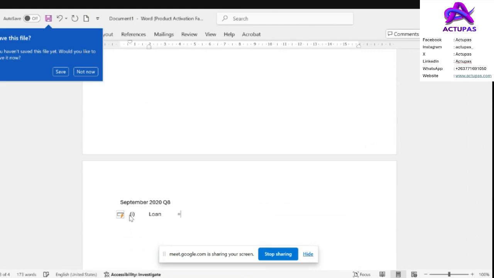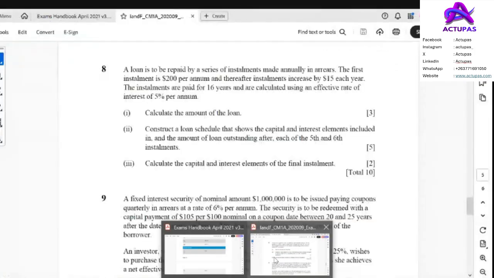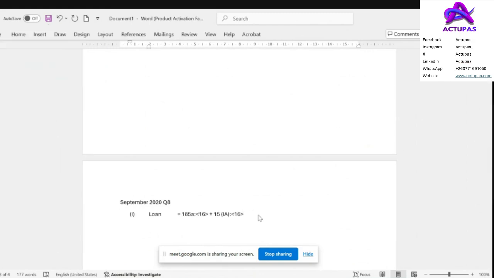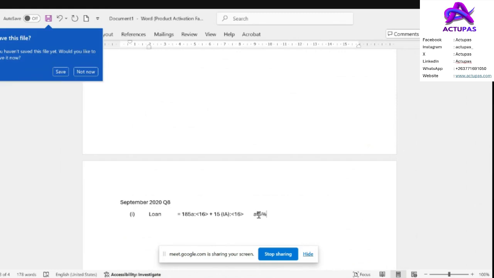So the loan will be equal to your 185 a16, because this is 16 years at 5% per annum interest, plus your 15 increasing annuity for 16 years too, and our interest rate is 5%.